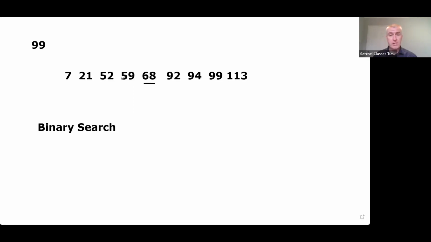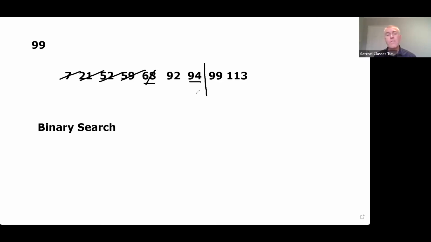So with that in mind, we can remove half that list already. We've only got 9 values in our list, but imagine if it was a list of 9,000 items. We could get rid of half that list in one simple step. And then it's just a case of repeating the process, always going for that middle value. In this case, there isn't an exact value bang in the middle, but we could go either side and just repeat the process.